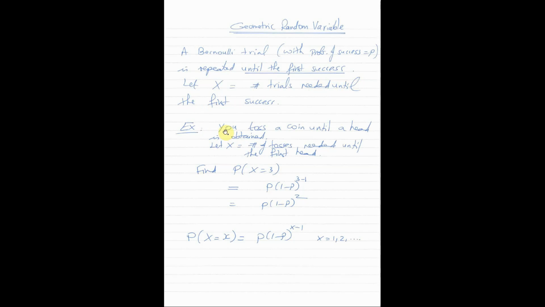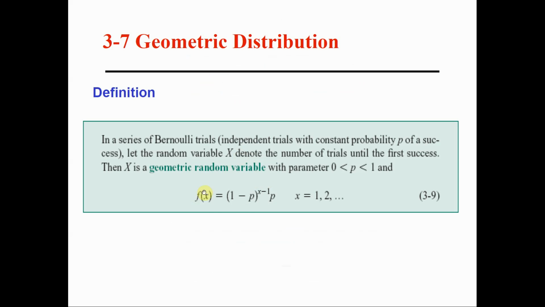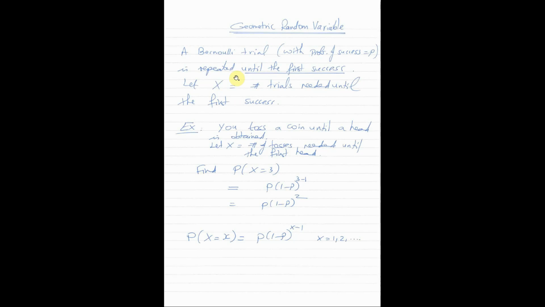Let's look at this example that we will use to establish the probability mass function for a geometric distribution. You toss a coin until a head is obtained. Do you notice the difference? It's not that you toss a coin 10 times and then observe the number of heads. No, you toss a coin until you get a head, and then let x equal the number of tosses needed until the first head.